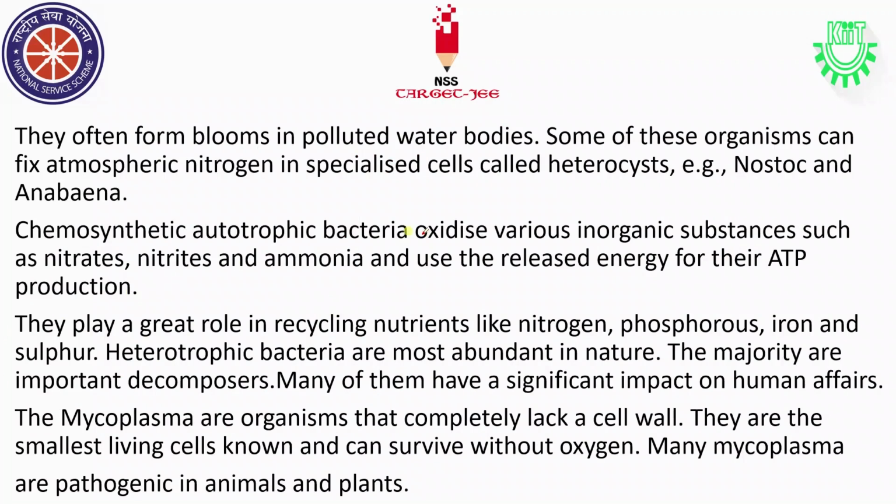They often form blooms in polluted water bodies. वो कहाँ पे form करते हैं? In polluted water bodies. Some of these organisms can fix atmospheric nitrogen in specialized cells called heterocysts. Examples are Nostoc and Anabaena. कुछ ये organisms nitrogen fixation करते हैं.